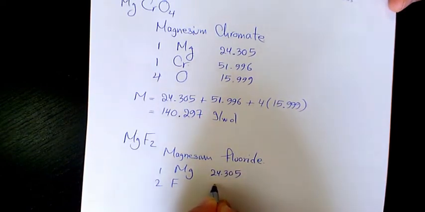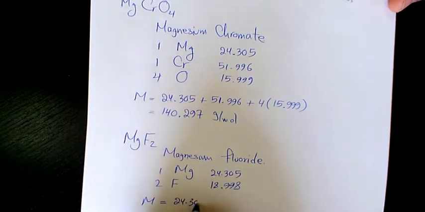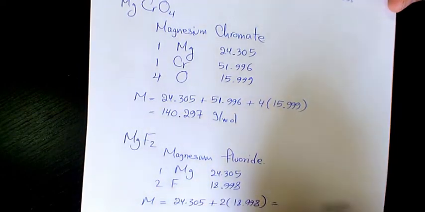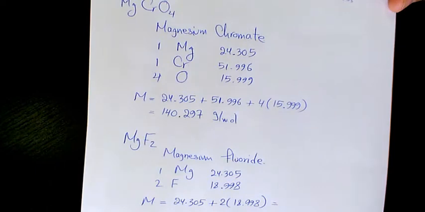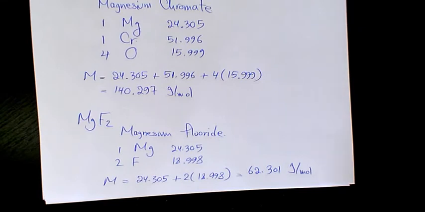Fluorine is 18.998. So molar mass is going to be 24.305 plus 2 times 18.998. That's going to be 62.301 grams per mole. So that's the molar mass of magnesium fluoride.